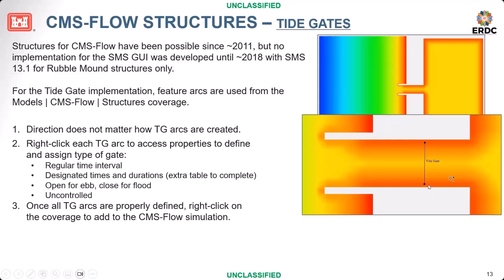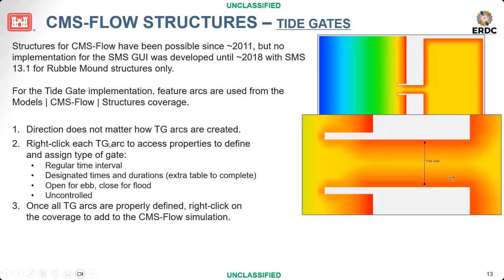And there are no really other restrictions other than, you know, the ends and all of the pieces on here need to be computational, just like they should be for all the other structure types. And so for tide gates, there are different ways to implement that. So you can provide a regular time interval and frequency or designated times.